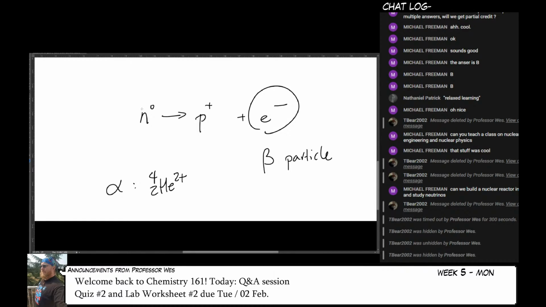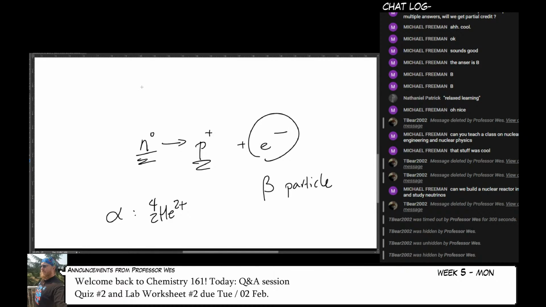So basically what this is doing is it's saying, like, okay, if I have, I don't know, this, and one of its neutrons turns into a proton, so this would increase, but the mass remains the same. And so something like that would happen. So that's nuclear chemistry.